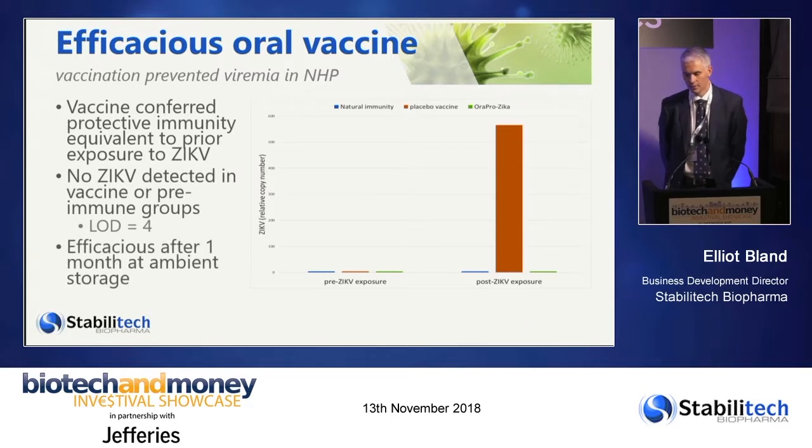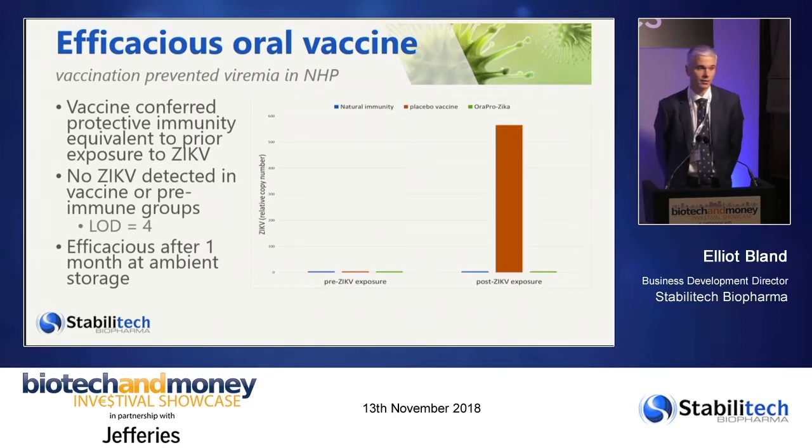So does this work? Here's some data, non-human primate data from our oral Zika virus vaccine. As you can see, there's 3 groups. The first group in blue had previous exposure to the whole Zika virus and had acquired natural immunity, so they had a previous infection, they had natural immunity. The second group in the burnt orange received a placebo vaccine, and the third group in the green received our candidate vaccine.